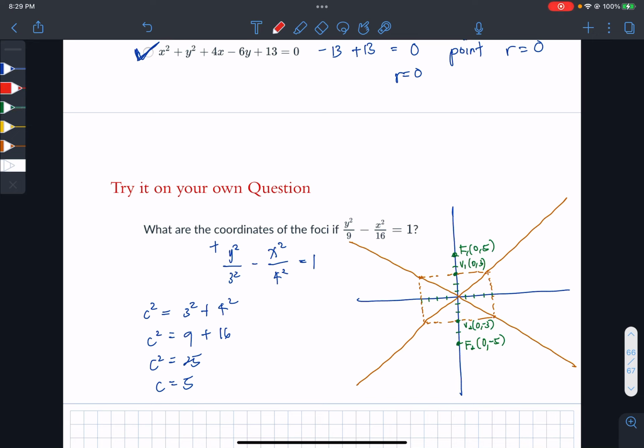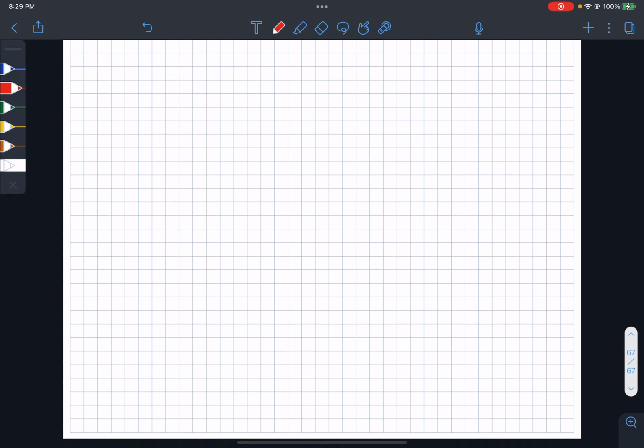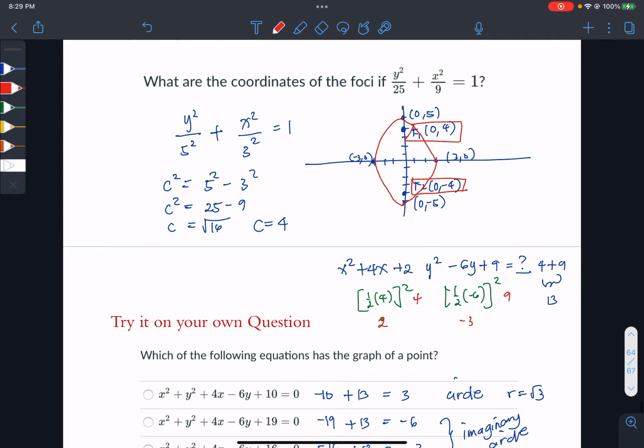Kaya pag dinraw natin yan, so yung hyperbola natin, it looks like this one. So what are the coordinates of the foci? Ito, 0, 5 and 0, negative 5. And that's it. Okay.